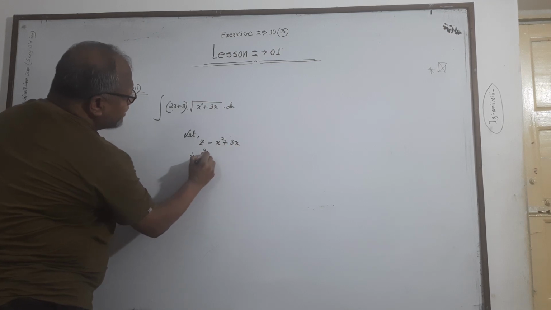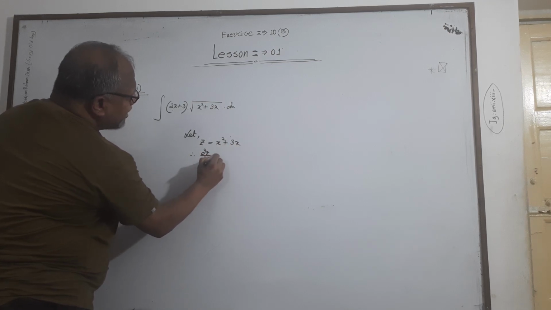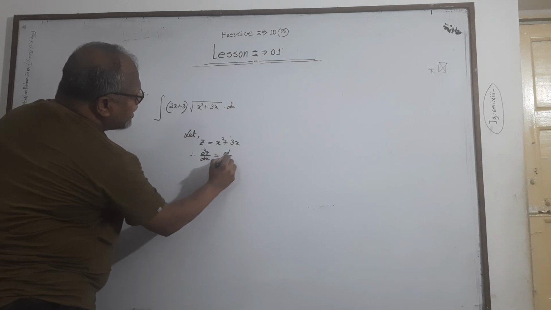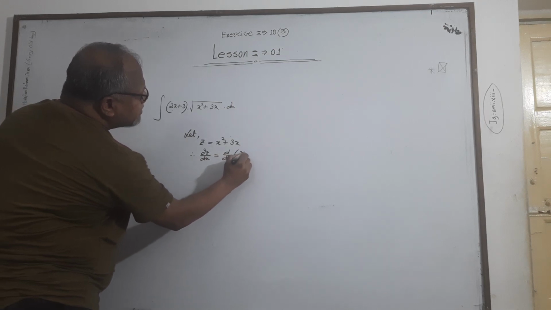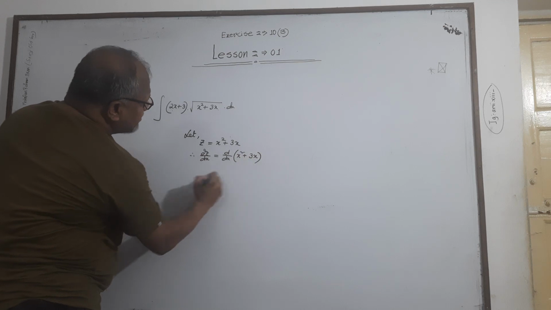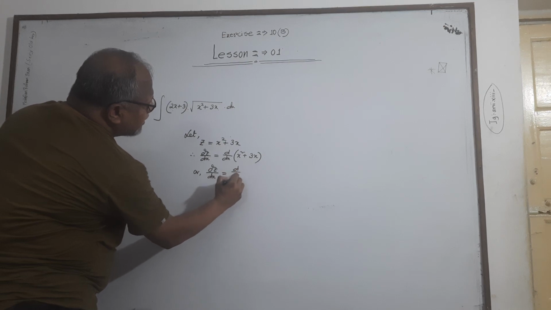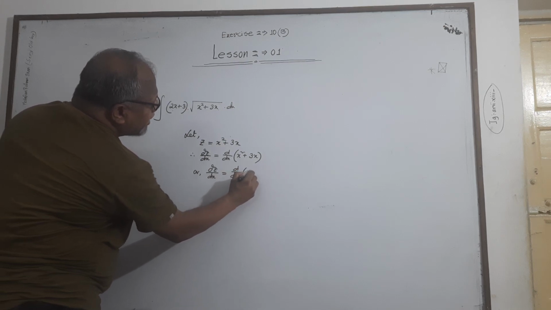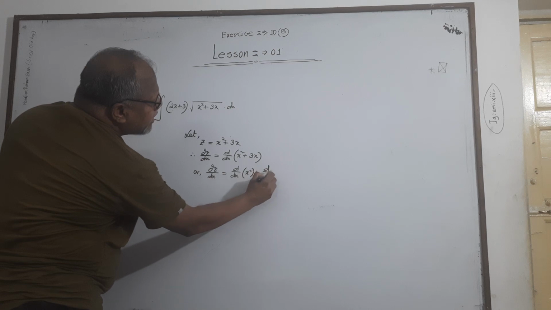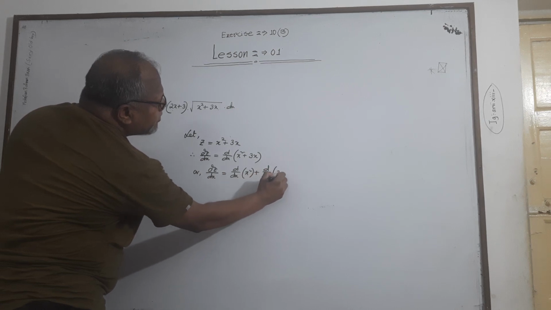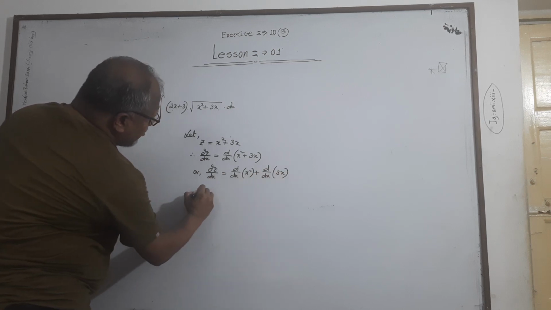Therefore d/dx of z equals d/dx of x square plus 3x, or d/dx of x square plus d/dx of 3x.